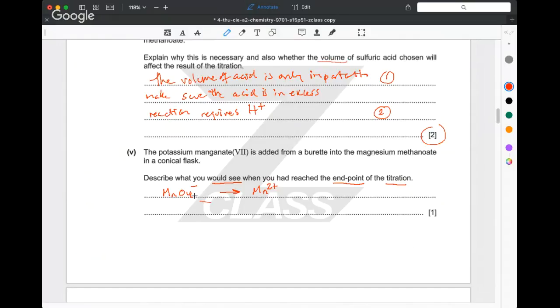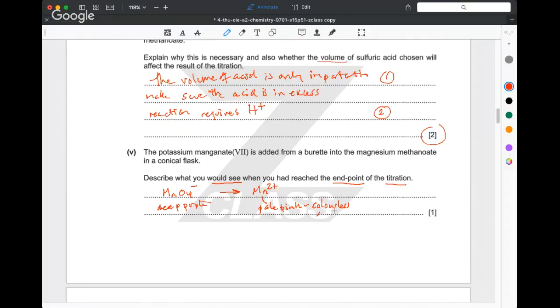Now the point here is that this is deep purple. That's the color of the manganate 7, really, really deep purple. And this, strictly speaking, is pale pink, and it's so dilute that for most practical purposes, you can think of that as colorless.